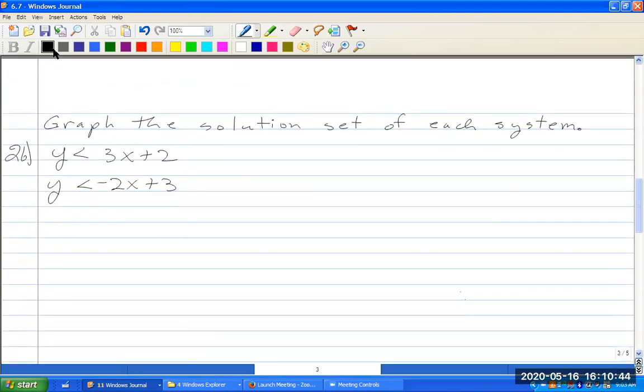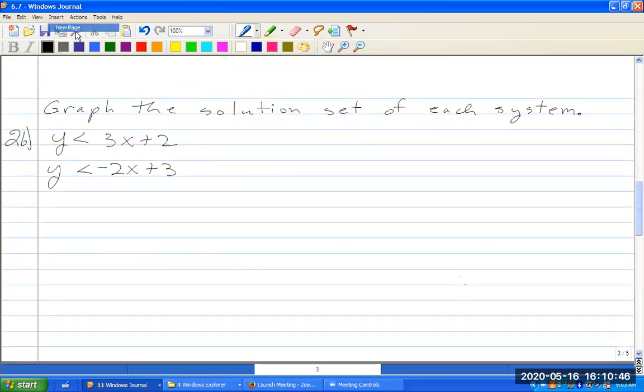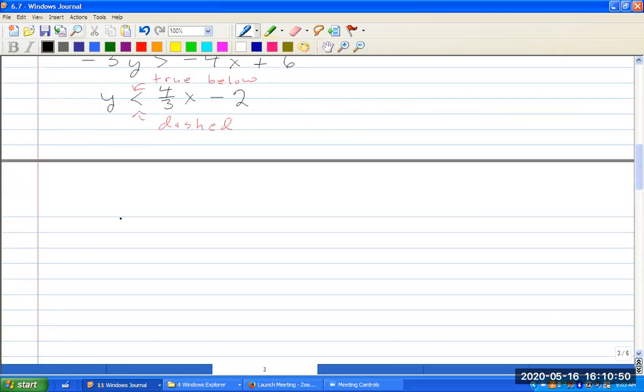The slope of the boundary line is 4/3, so that's my rise and my run. And my y-intercept is negative 2. So let's draw this.